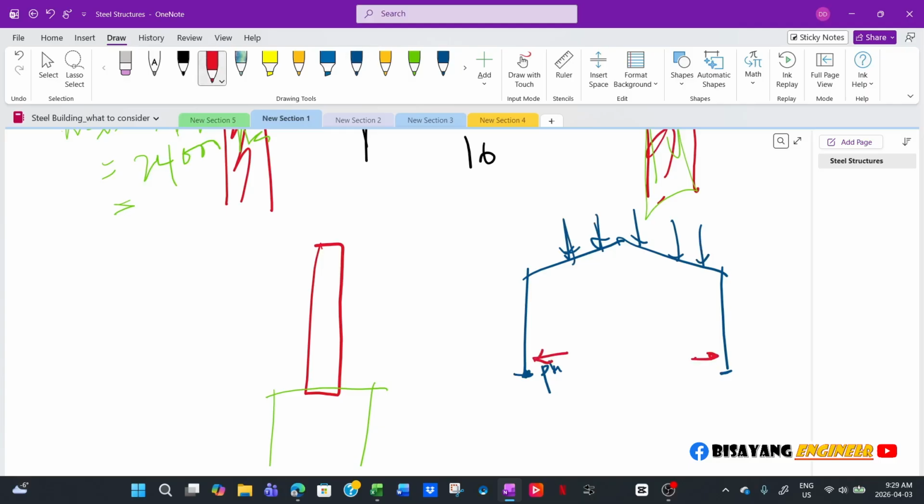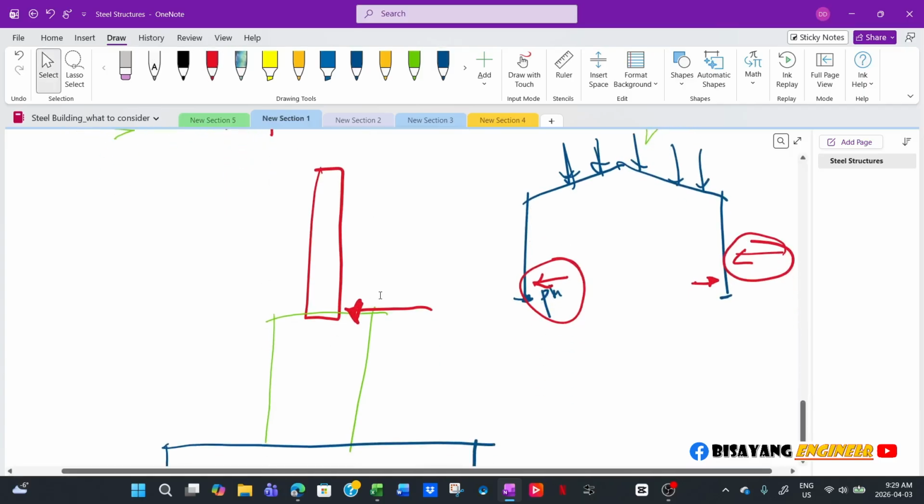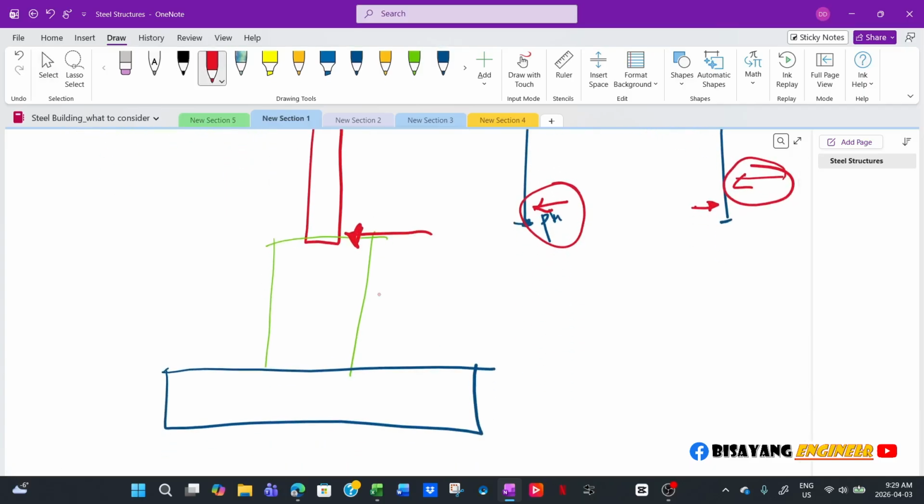It will push the column outwards, and in addition you have wind load. That would create a huge lateral load at the base of your column and eventually at the top of the pilaster.